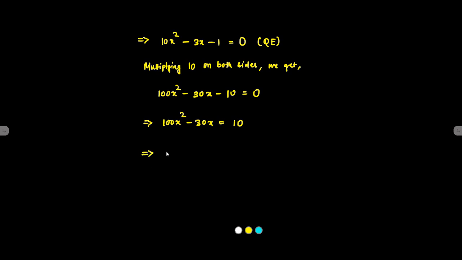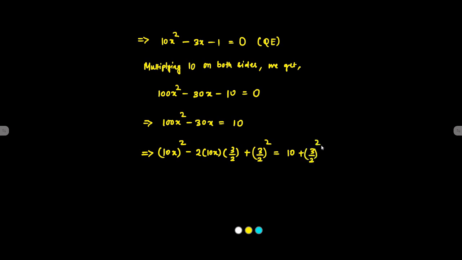That implies 10x whole square minus, and this we write in 2ab format, 2 into 10x into 3 by 2. Now plus 3 by 2 whole square, that is b square, on both sides we have to add.